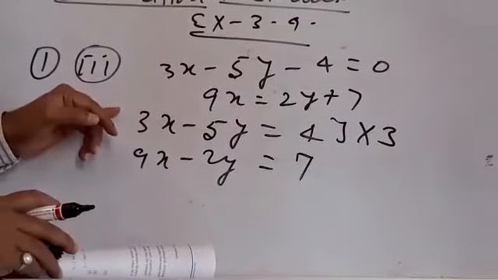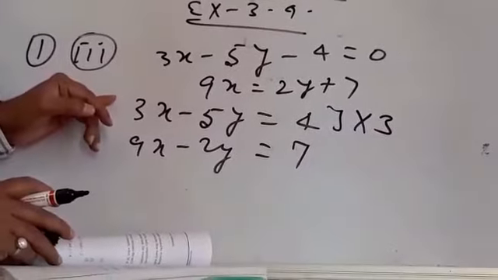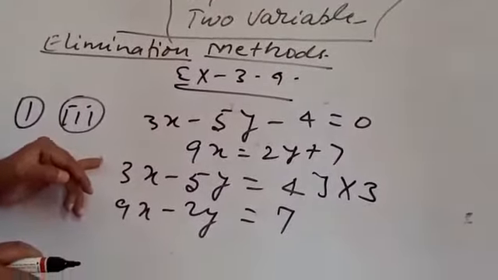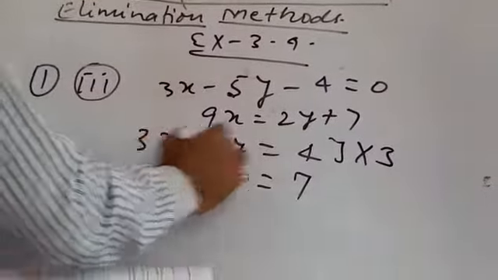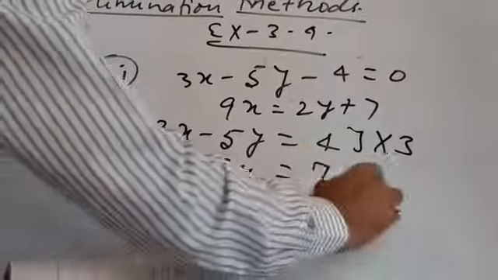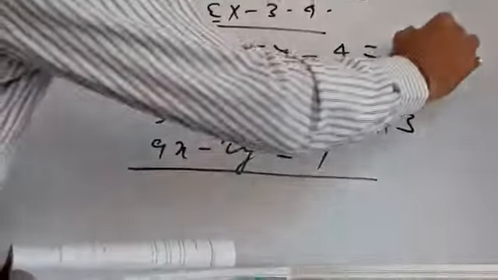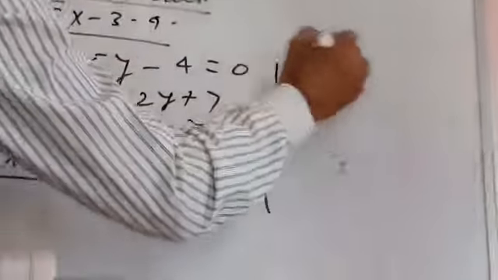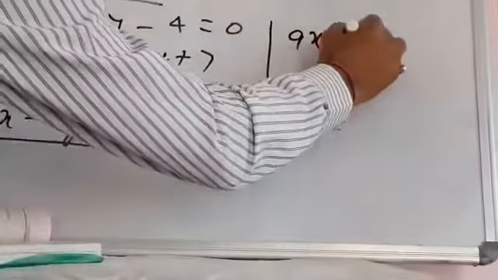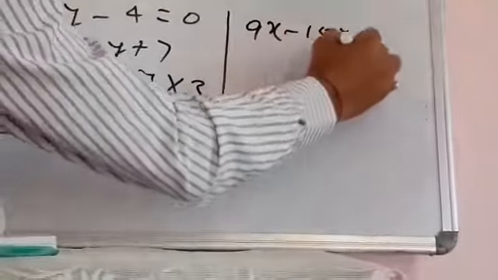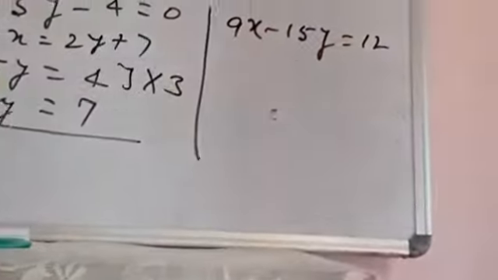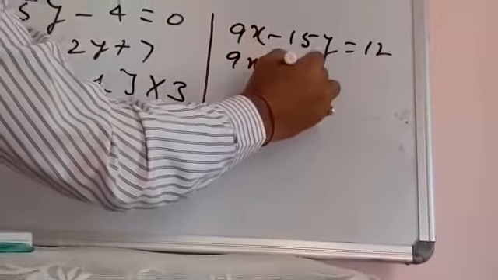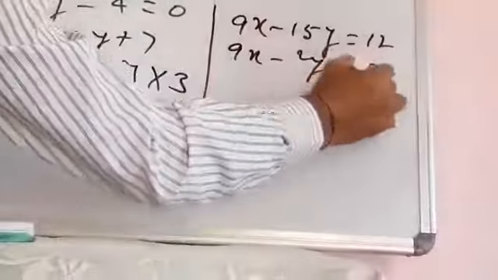The very first target is to make the coefficient of any one variable equal. Once multiplied, this gives another equation: 9x minus 15y is equal to 12. And the other is 9x minus 2y is equal to 7.